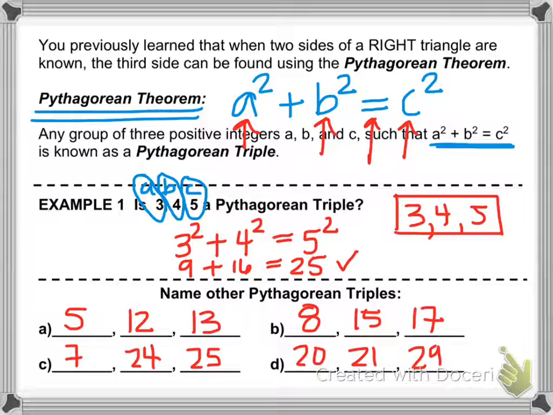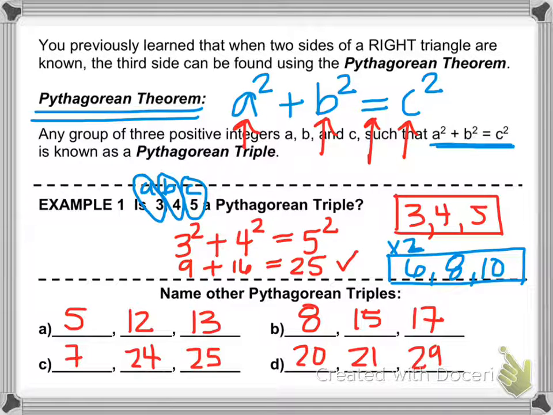But what's also cool is you can even make more triples than this by multiplying any of these triples all by a factor. So for example, if I was to multiply 3, 4, 5 all by 2, I would get 6, 8, 10, and that would be another triple.